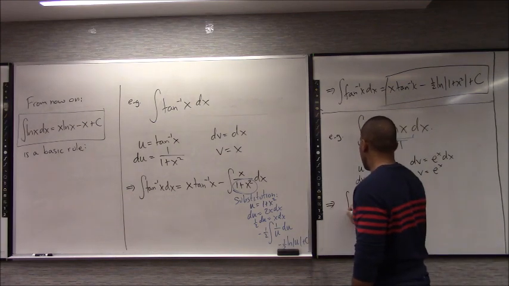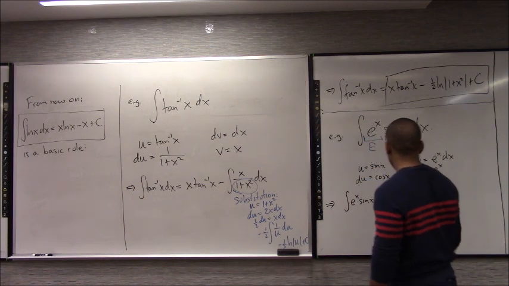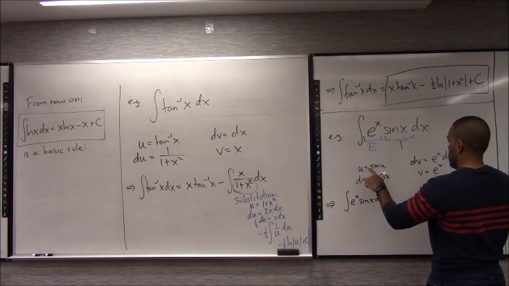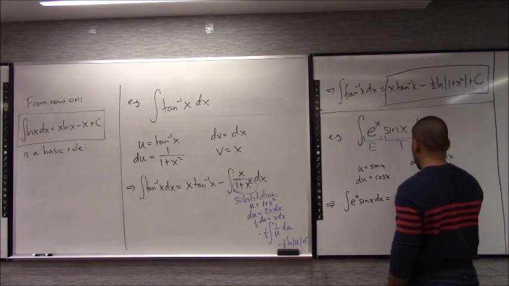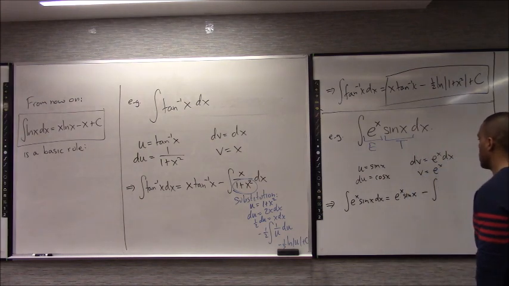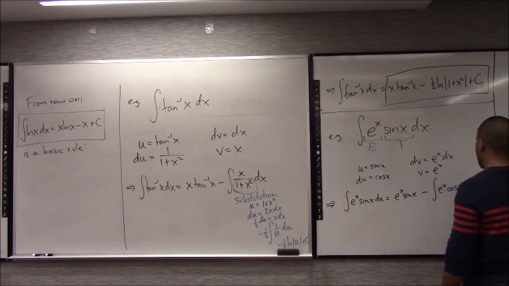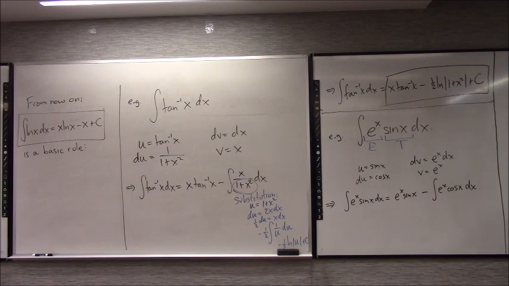Then I'm going to get the integral of e to the x sine x dx is equal to u times v minus the integral of v du. So we end up with that. So in order to compute that integral, I'm going to have to compute this integral.